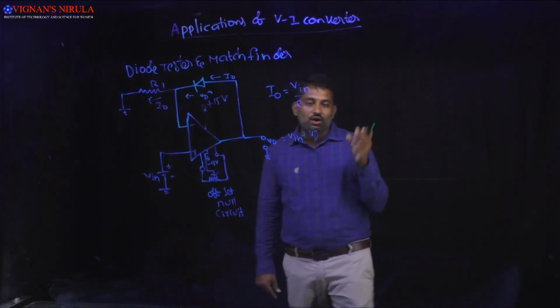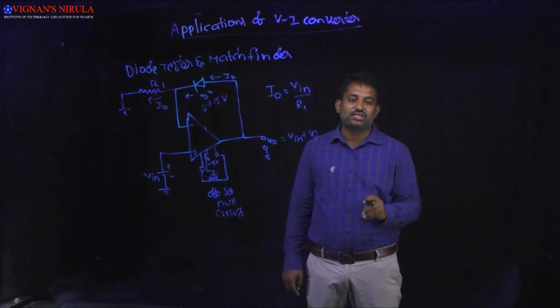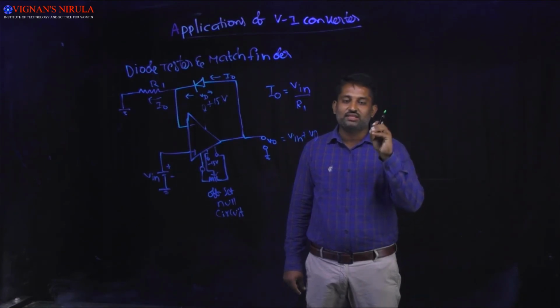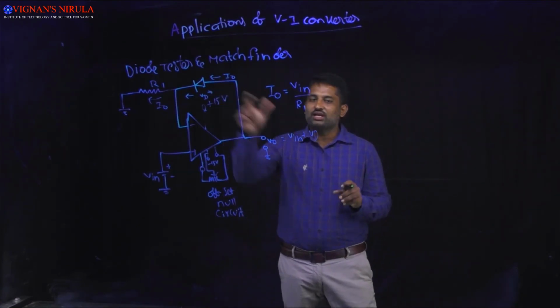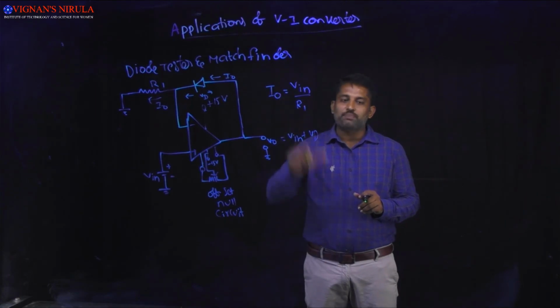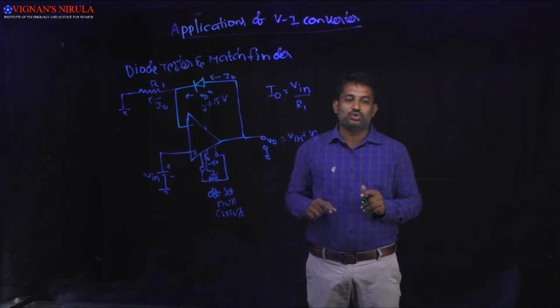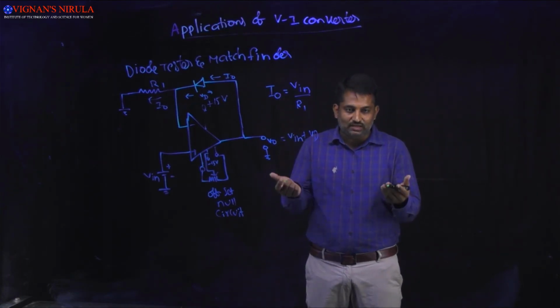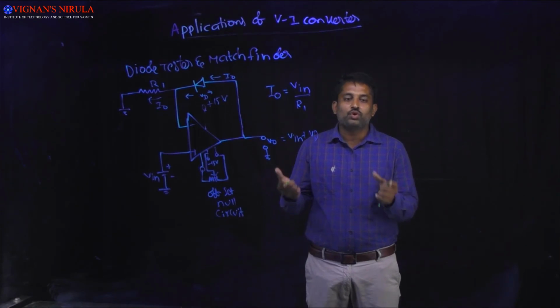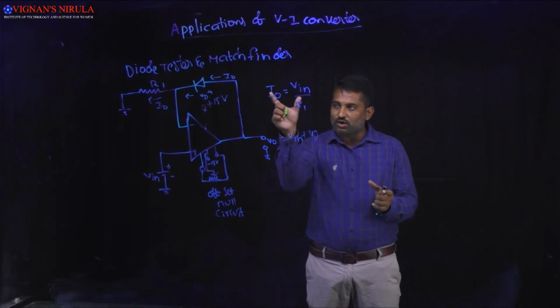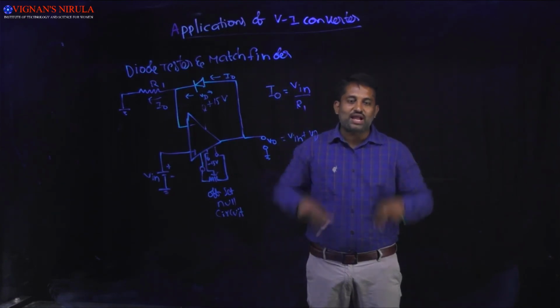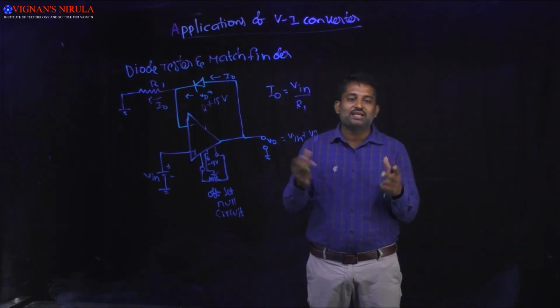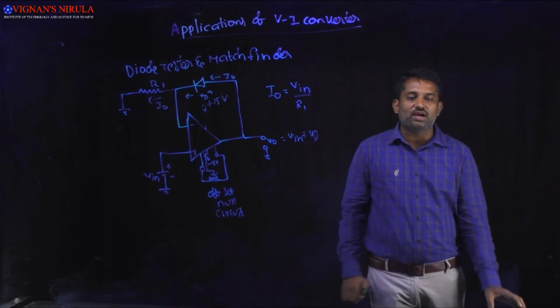So our main intention is finding or testing the diodes, and which type of diode we are going to use, that will be calculated with the help of voltmeter. So find out the voltage across the diode, then with that value we can easily calculate the performance of the diode.